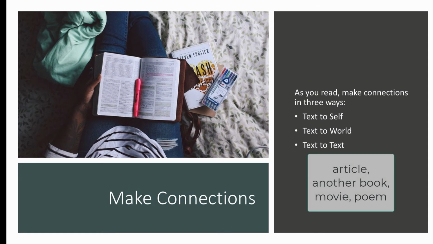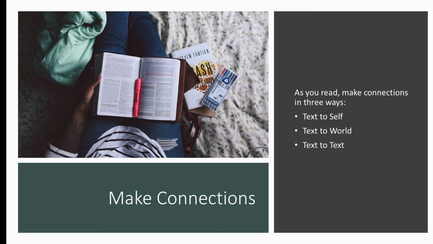It can be the article, the science textbook, the literature, the novel, whatever it is. So as you read that text, you're going to connect it to you, the world, or to another text. And we'll talk about each of those in detail.